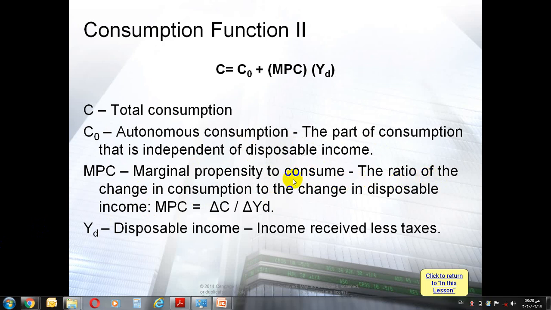The ratio of the change in consumption to the change in disposable income, and MPC equals change in consumption over the change in disposable income. So this is a ratio.